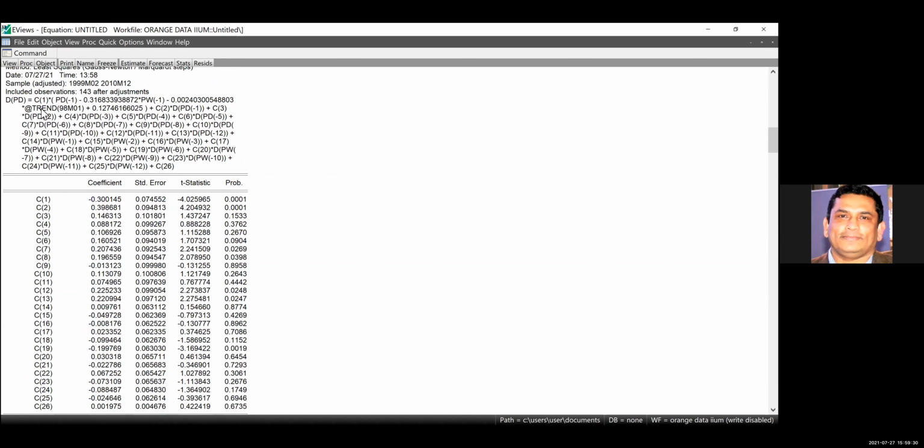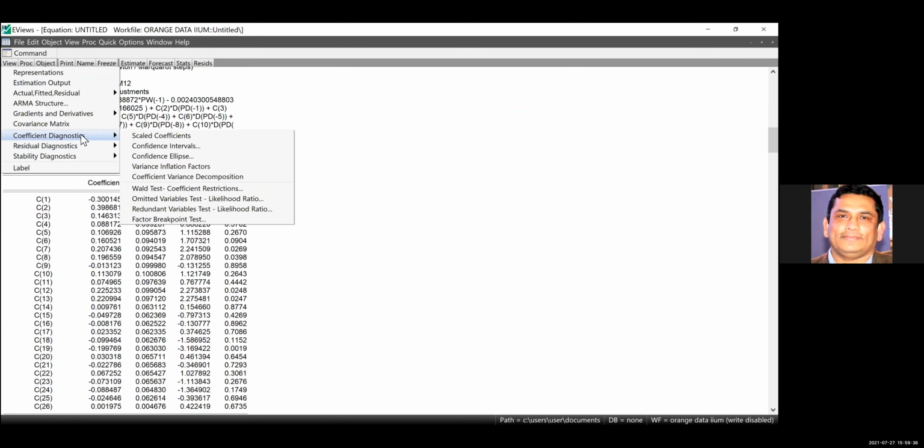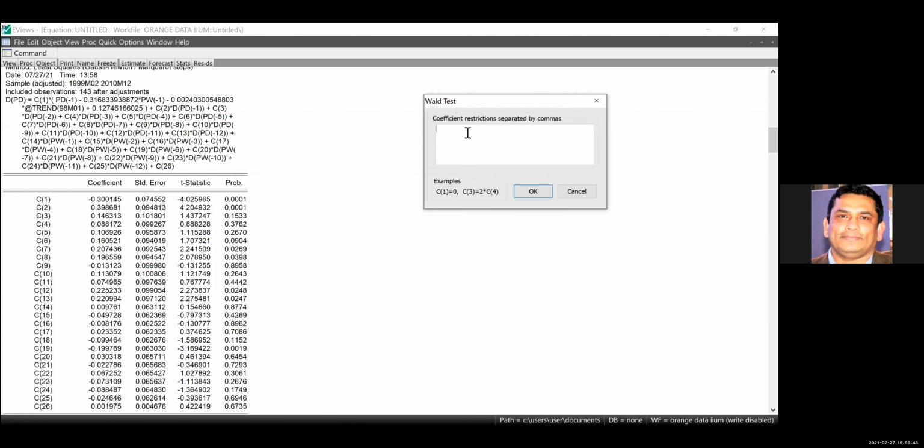Now you can test again, putting some restrictions, for example, C1 equal to 0 or not, based on coefficient restriction. That's the Wald test here. And then you can put individual values, C10 or C1, for example, C1 equal to 0.